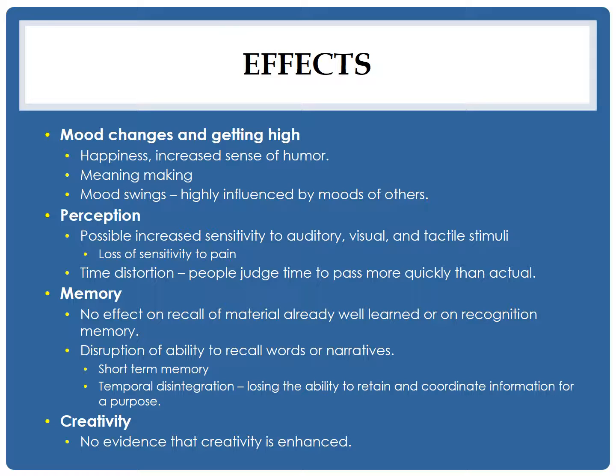Changes in perception. There's a possible increased sensitivity to auditory, visual, and tactile stimuli, but that seems controversial. And recall there's a loss of sensitivity to pain, so it's not all tactile stimuli. And then you also get time distortion, where people judge time to be passing more quickly than it really is.